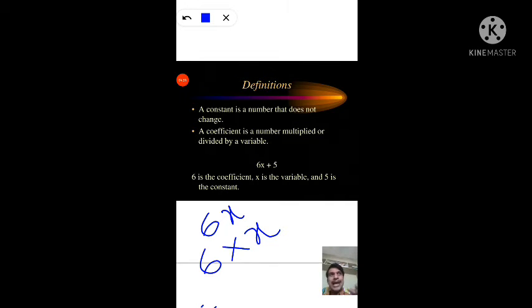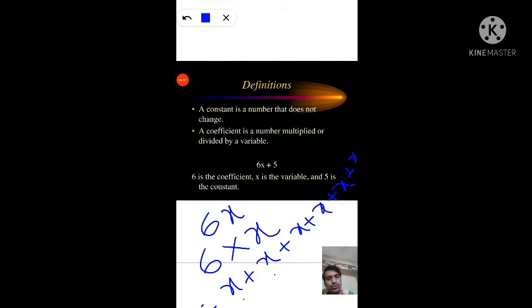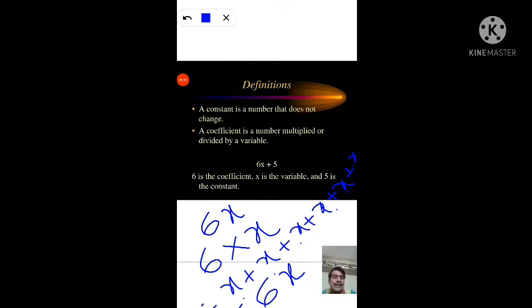So x plus x plus x plus x plus x plus x, 1, 2, 3, 4, 5, 6. So if x is added 6 times, then your answer will be 6x.